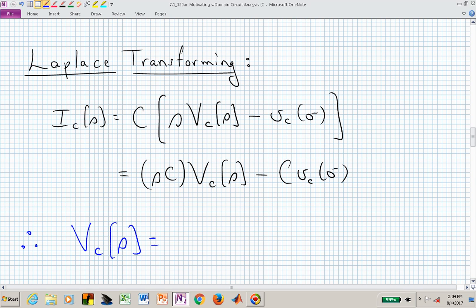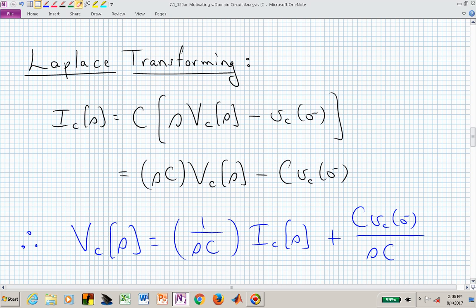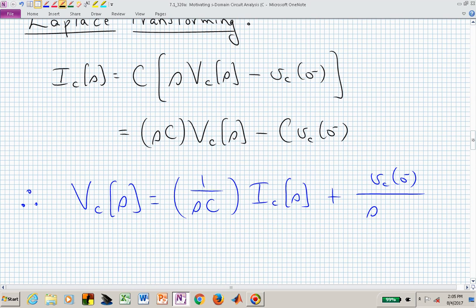So if we add C v sub c of 0 minus to both sides before dividing by SC, then we end up with capital V sub c of s is 1 over SC times I sub c of s, plus C v sub c of 0 minus divided by SC. In fact, those C's cancel, and we have v sub c of 0 minus over s that is there due to the initial condition on that capacitor.